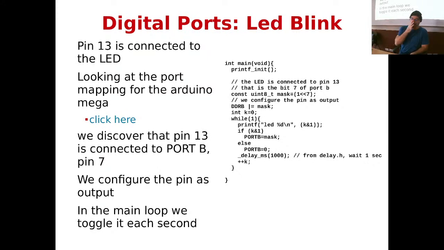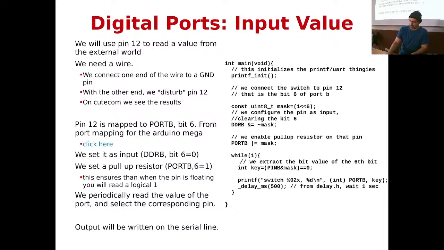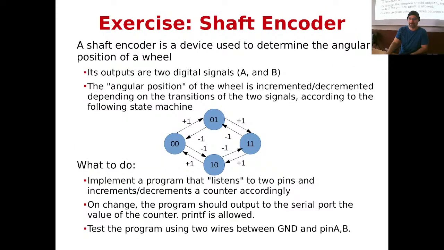In particular, we have seen a LED blinking example, which was an example on how to configure a port as output, and we have seen how to read a pin. And then I proposed 2 exercises that were only using the digital port as input, and they were writing something on the screen.